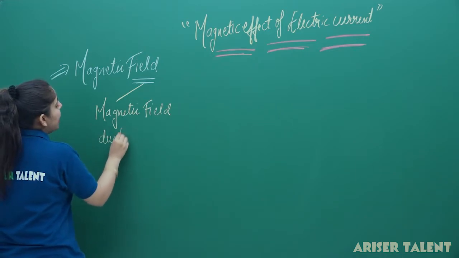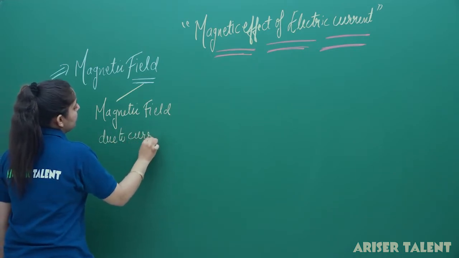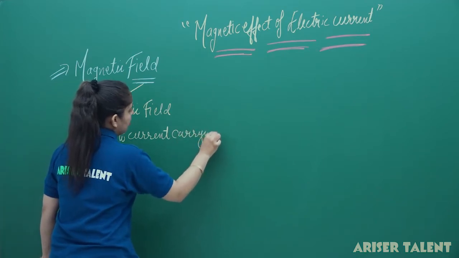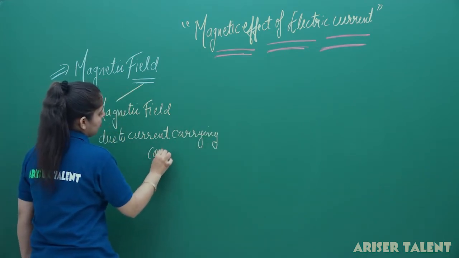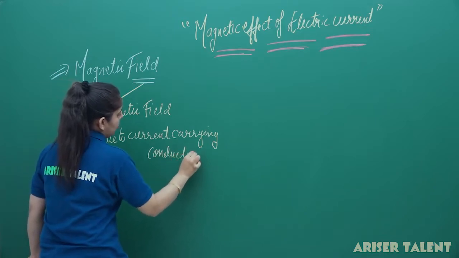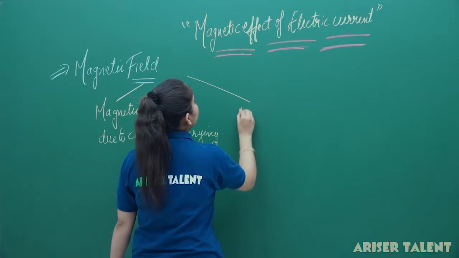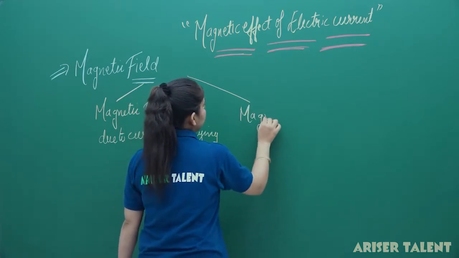due to a current carrying conductor. Secondly, we will find an expression for the magnetic field due to a current carrying coil.